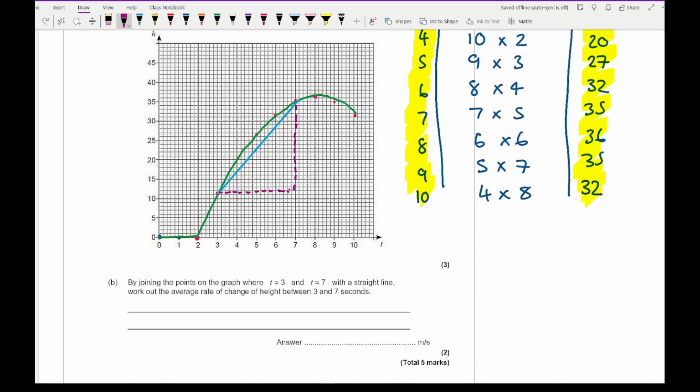So here, one little box represents 1, and one little box going across represents 0.2. So looking at this, what we end up with is the difference of 14, and going across, that's going to be 4. So it's going to be 14 divided by 4, which is 7 over 2, which is 3.5, and the units are given, and there we go.